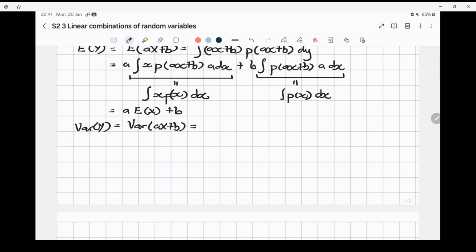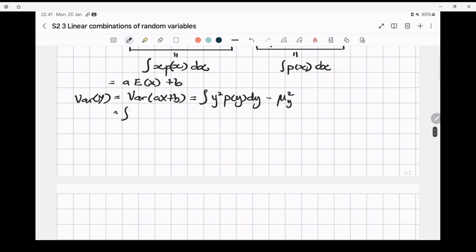So this is integrating y square py dy minus mu y square. So you substitute ax plus b accordingly.